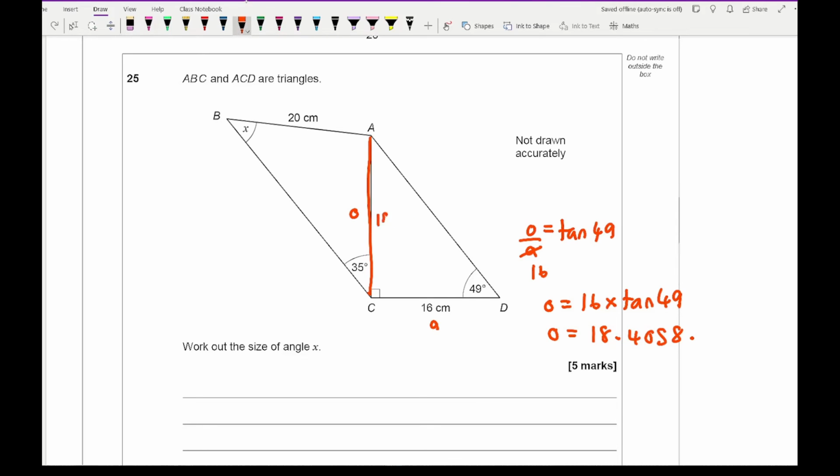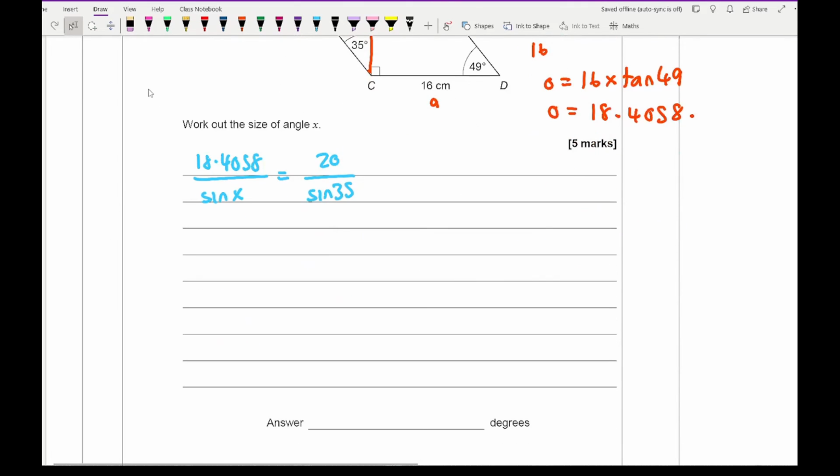So here we've got 18.4058. I then have to use the sine rule to work this out. Let's call this capital A and this little b. Here we've got 18.4058 over sine x equals 20 over sine 35. Doing a bit of rearranging, I'm going to cross multiply. So I've got 20 sine x equals 18.4058 times sine 35.